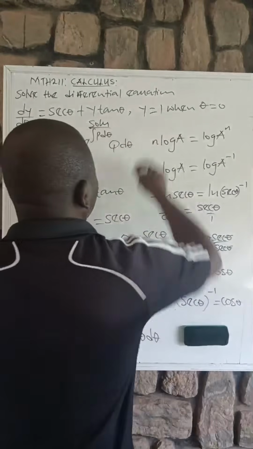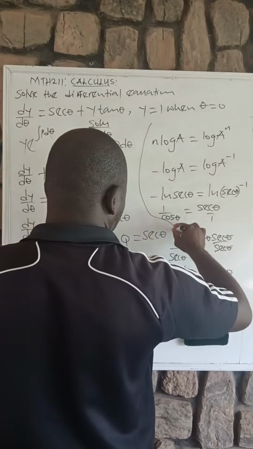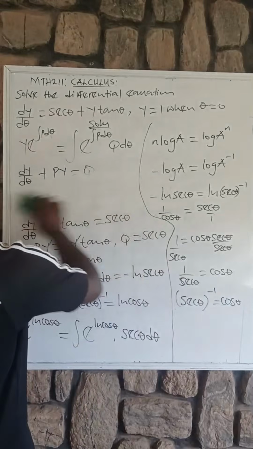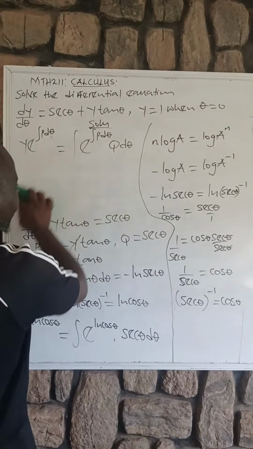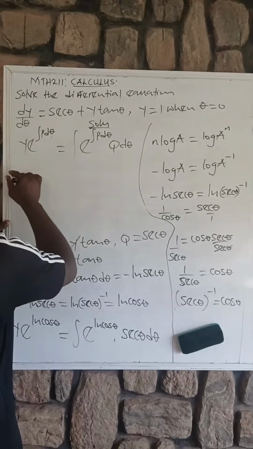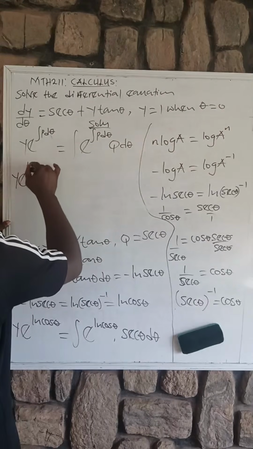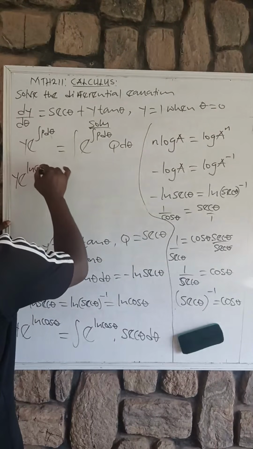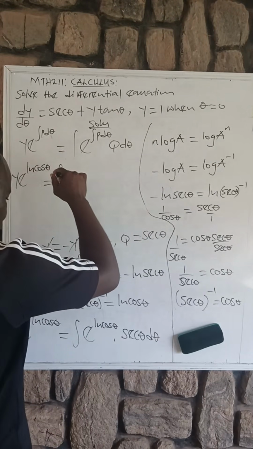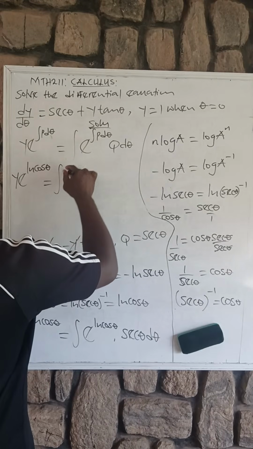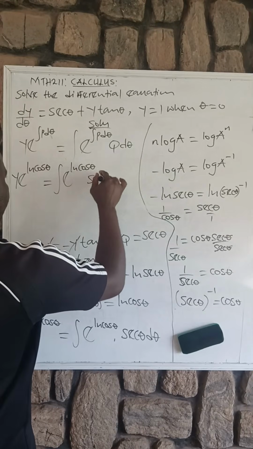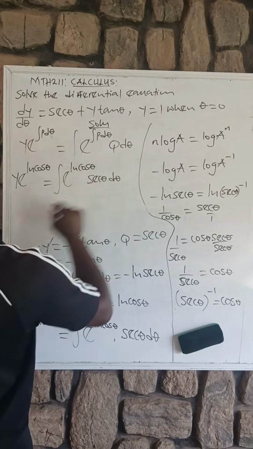So here will now be y exponential ln cos theta equals the integral of exponential ln cos theta times sec theta d theta, right?